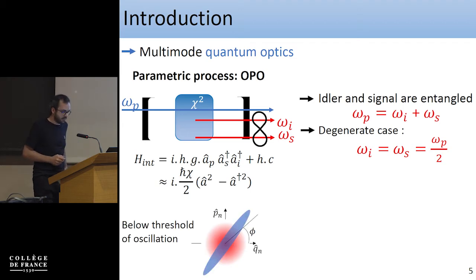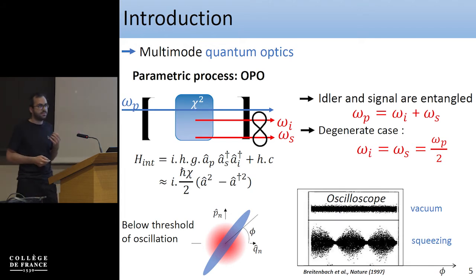How it looks in the Fresnel space is different from the vacuum state, as you can see. Your fluctuations are squeezed in one direction, and anti-squeezed in the orthogonal direction.